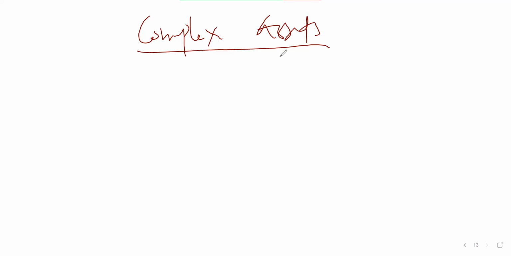Complex assets, my people. What is a complex asset? Senior Augustine, complex assets. Antigradis, complex assets.